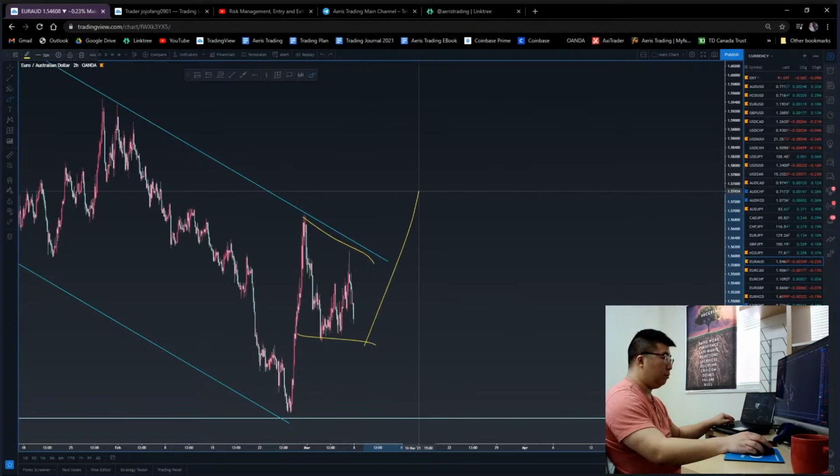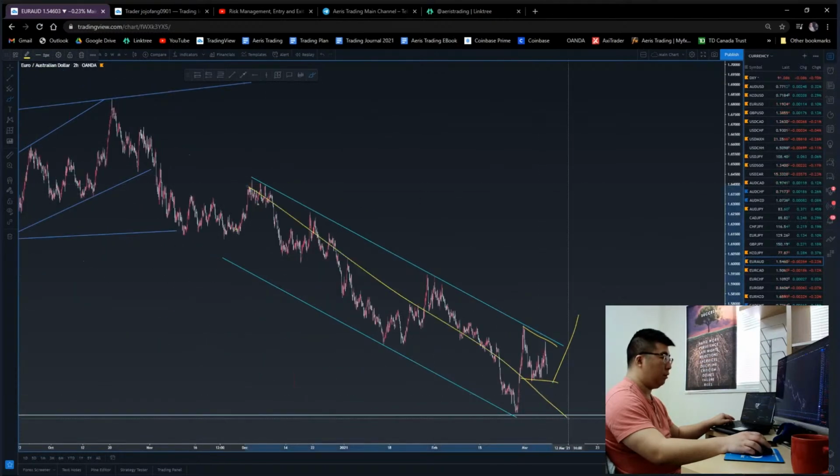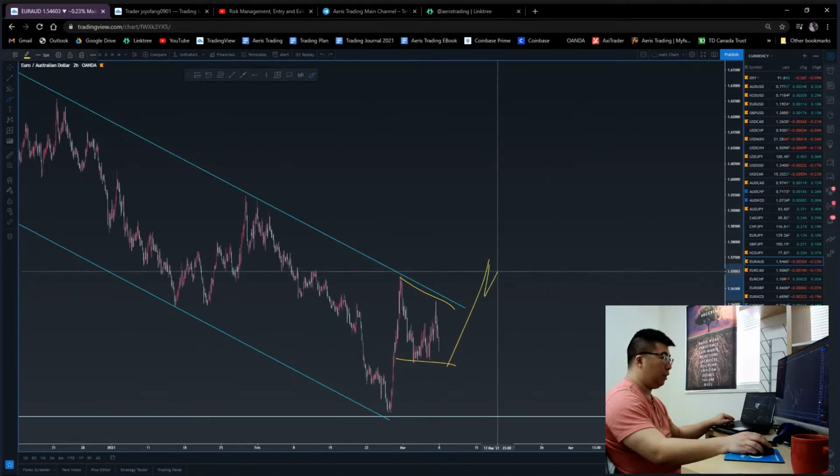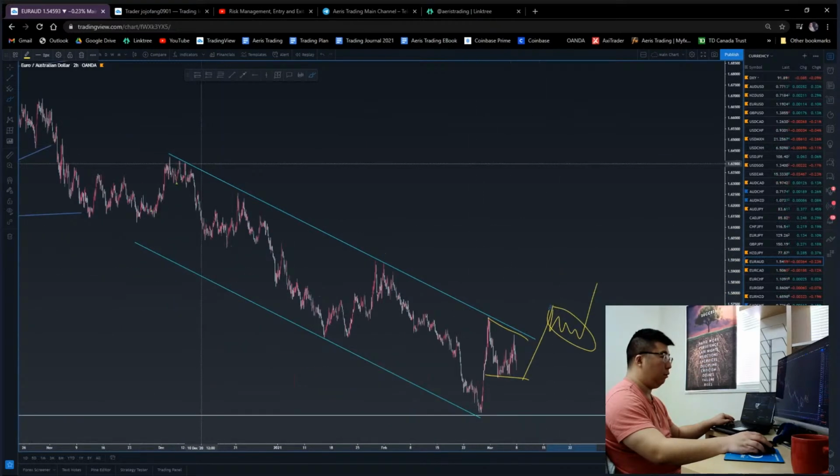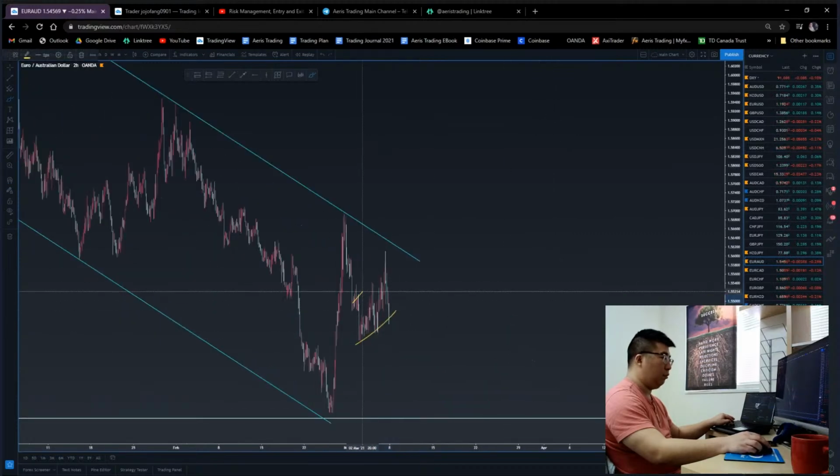If it breaks above this higher time frame descending channel, the correction here would be a very simple buy. But if we don't get that, if we just get this bearish price action and push down lower, then look for some potential reversal from this point, and then look for the next buy setup from here. Okay, so that is Euro Aussie.